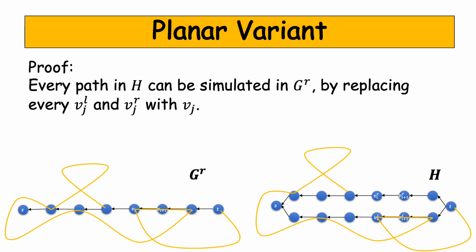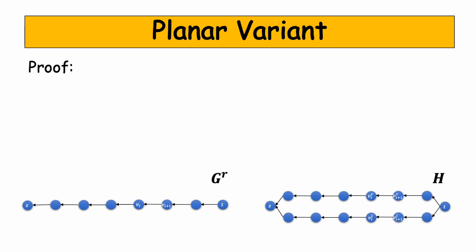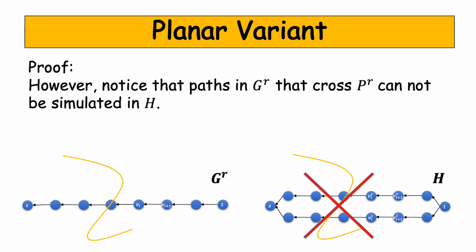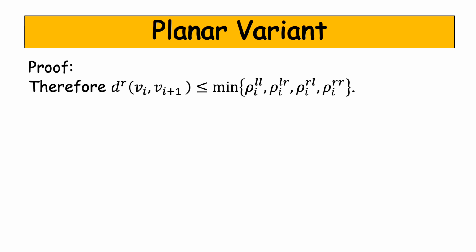The converse is not true. For example, a path that crosses PR in GR, we cannot simulate it in the graph H. So this implies that the left-hand side is no greater than the right-hand side because every term in the right-hand side represents a path such that it can be simulated in the path GR from VI to VI plus 1.